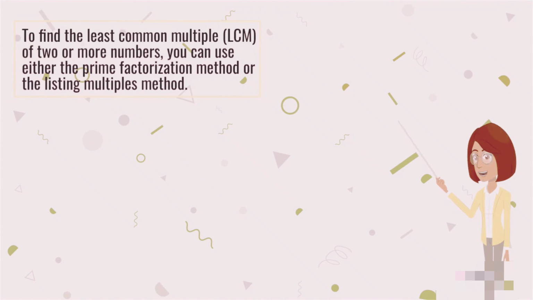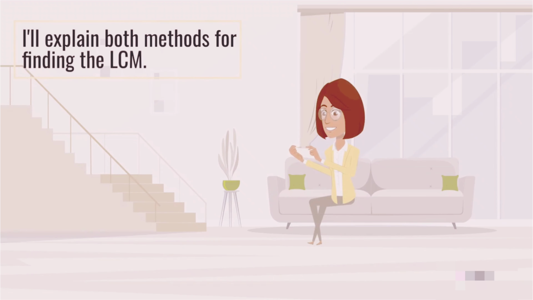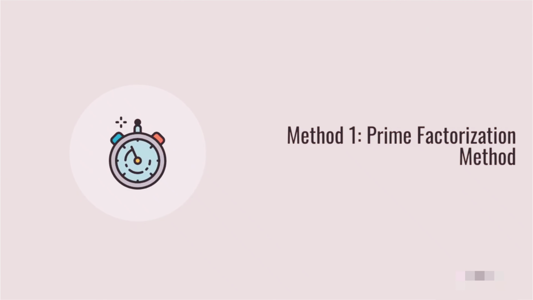To find the least common multiple, LCM, of two or more numbers, you can use either the prime factorization method or the listing multiples method. I'll explain both methods for finding the LCM. Method 1, Prime Factorization Method.